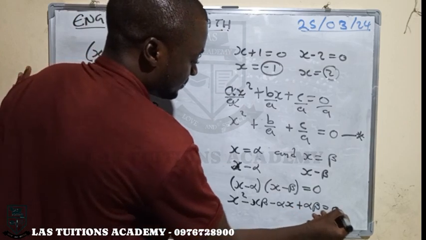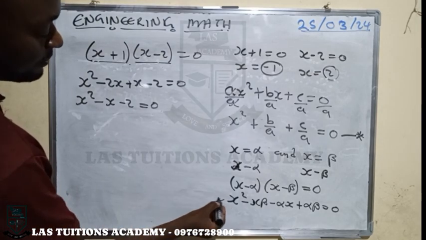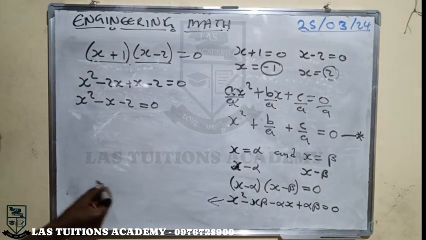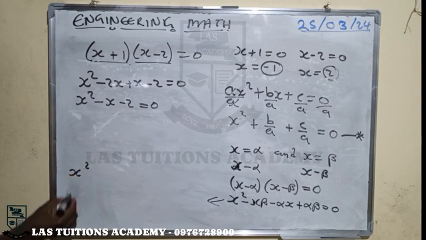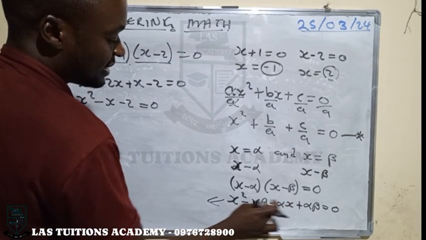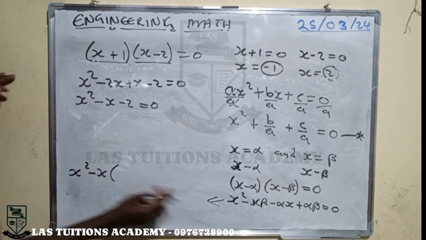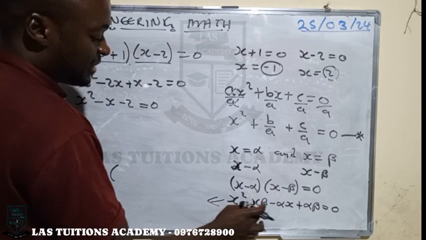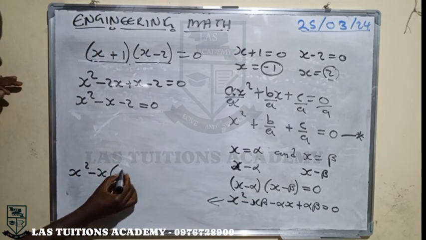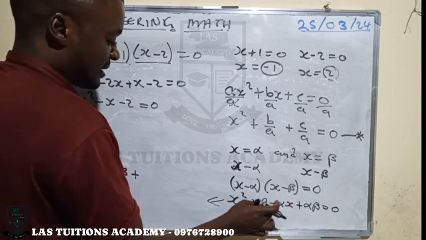Okay, so this one here, when we bring it the other side, we have x squared. Now here the negative x is common, so you can take it outside. So I'm going to say minus x. When we divide by minus x, we remain with beta plus alpha.